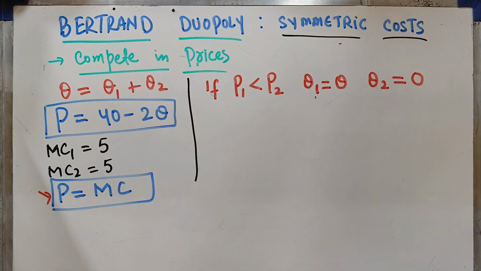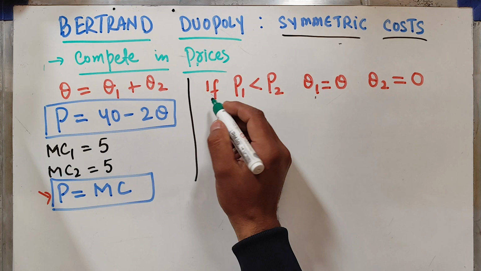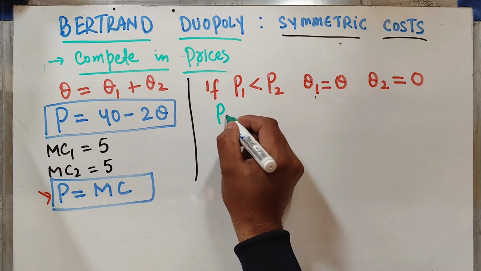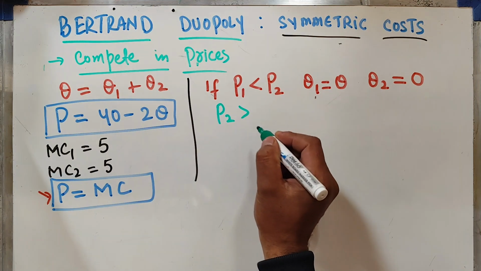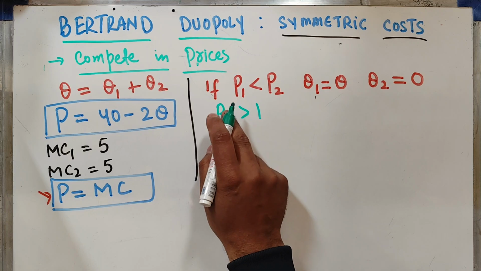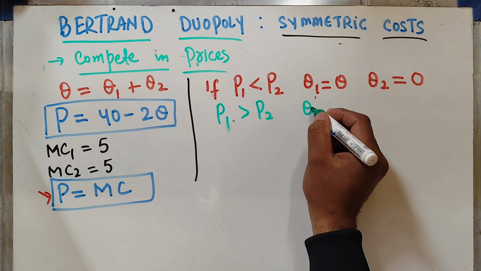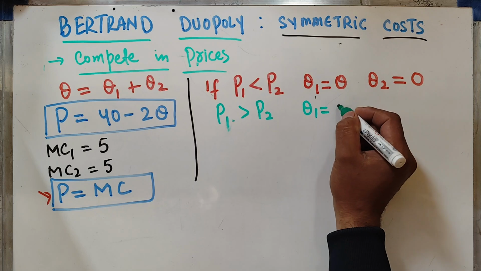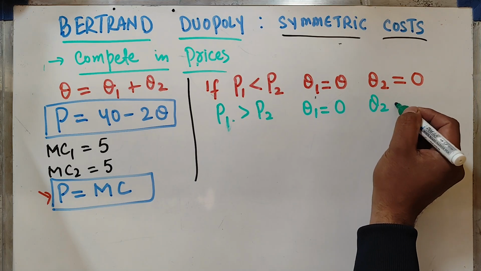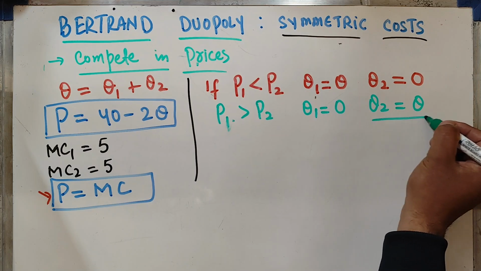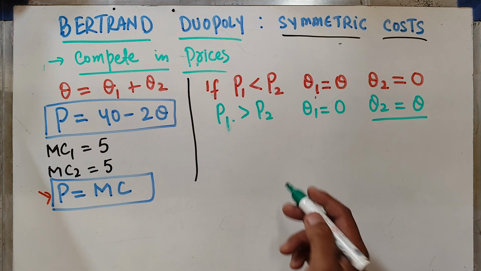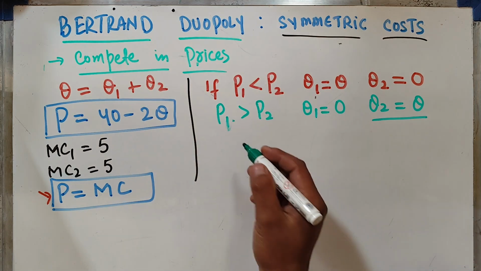Similarly, if firm 1 chooses a price greater than firm 2, Q1 will be 0 and Q2 will be equal to Q, so firm 2 gets all the market share.